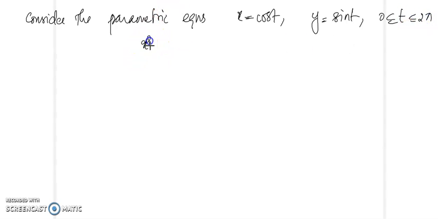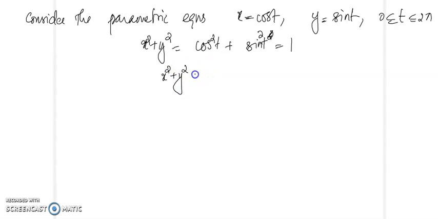If you look at x square plus y square, that will be cos square t plus sin square t equal to 1. So this equation, x equal to cos t and y equal to sin t, satisfies the equation of the unit circle.